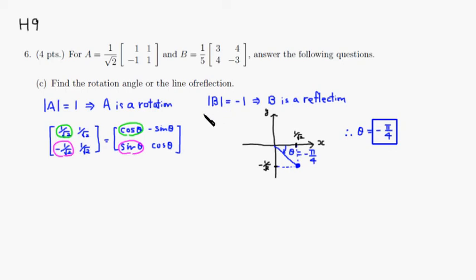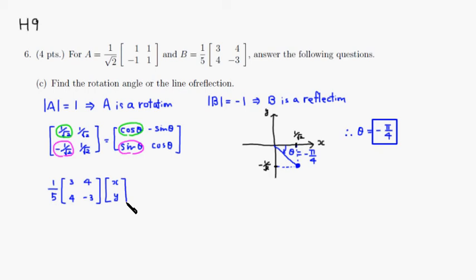So matrix B is going to be 1 over 5 times 3, 4, 4, negative 3, and you apply that to this vector, say x comma y.